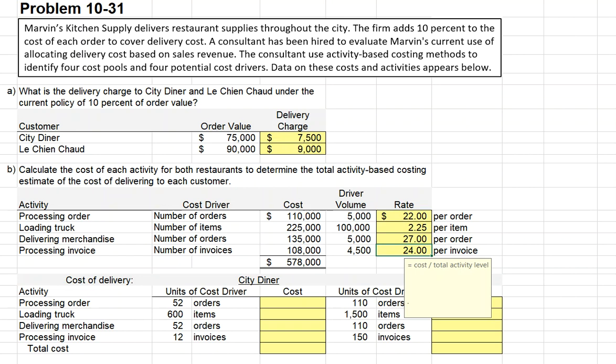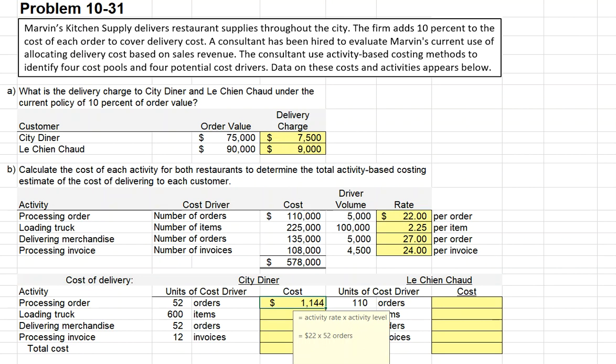Next, we're going to calculate the cost allocated to both City Diner and Lachine Shad. For City Diner, we'll take the 52 orders and multiply it by the $22 per order activity rate. For loading the truck, we take our activity rate of $2.25, multiply it by 600 items, and get $1,350.